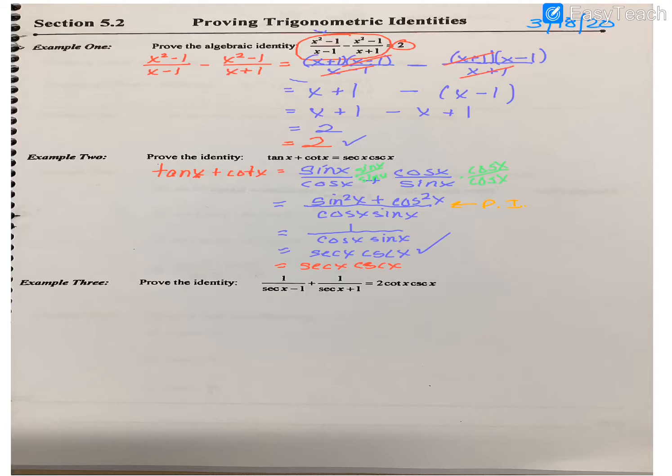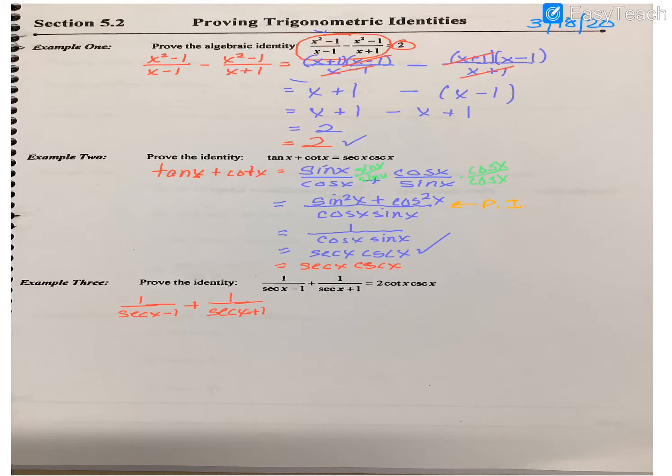Okay, so moving along here. Example 3. Again, we are trying to prove that the left equals the right. So, as you recall, I'm going to start by writing the left down, which is 1 over secant x minus 1 plus 1 over secant x plus 1.